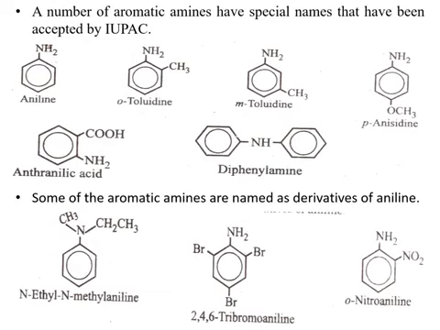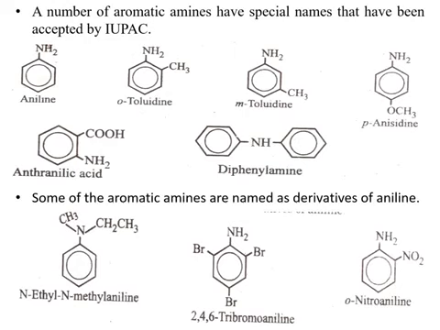Some of the aromatic amines are named as derivatives of aniline, N-ethyl, N-methyl aniline, because in aniline, as you can see in the first example, nitrogen is attached to hydrogen atoms.